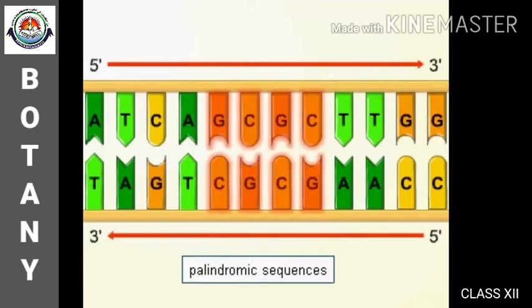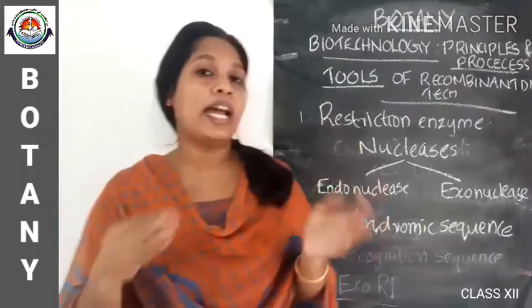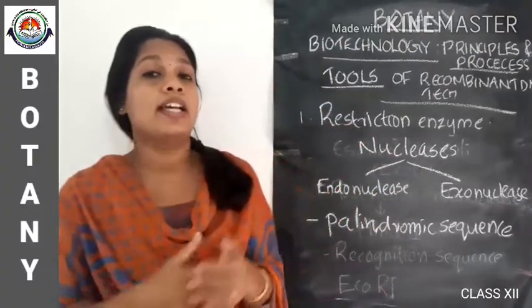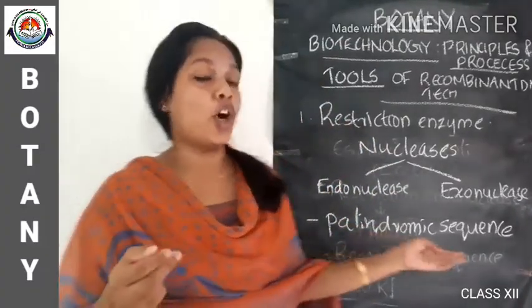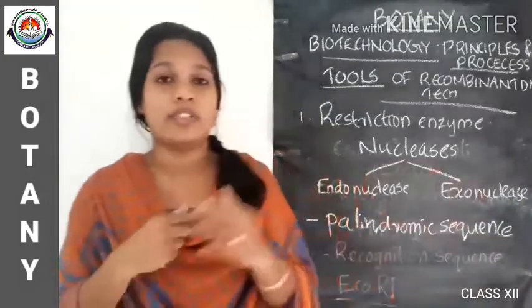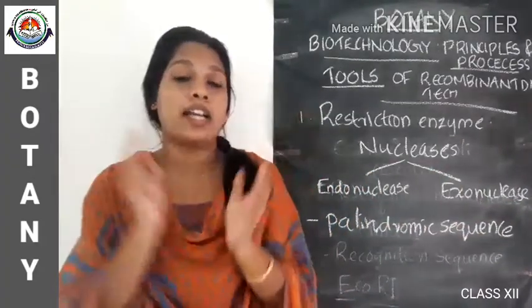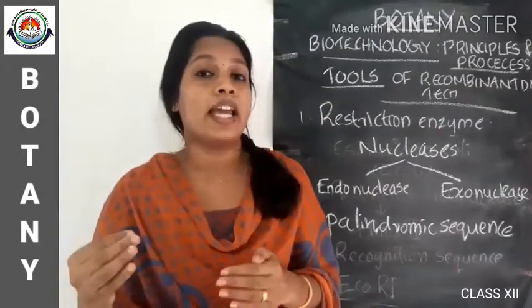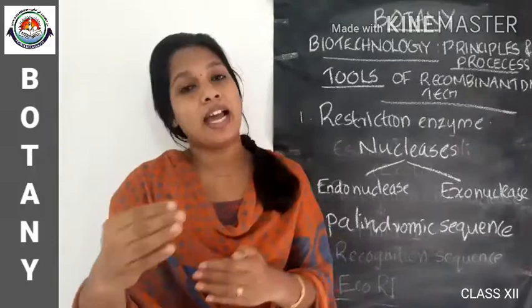These are palindromic sequences. So the activity of the restriction endonuclease enzyme is subjected to the palindromic nucleotide sequence of the DNA, and the restriction enzyme action and the recombinant DNA formation can be as follows.